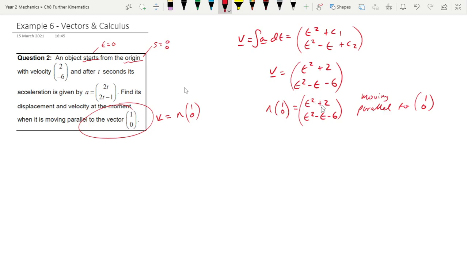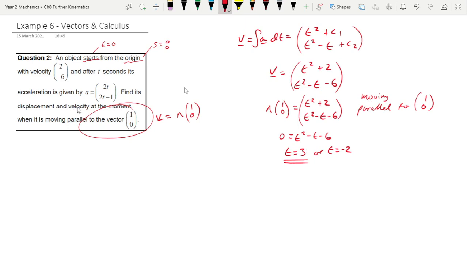I'd have n equals t squared plus 2, and on the bottom I'd have 0 equals t squared minus t minus 6. Now the bottom is obviously easier to solve because I don't know what n is. So if I solve this equation, then I get t equals 3 or t equals minus 2. Well, in this case, it's obviously going to be t equals 3. So that is the point in time when it is moving parallel to 1, 0.